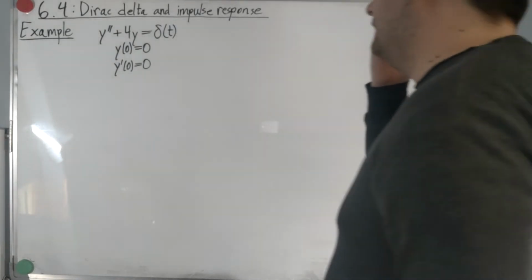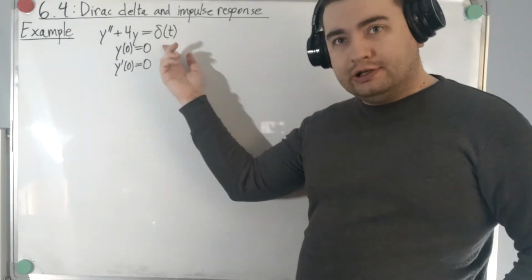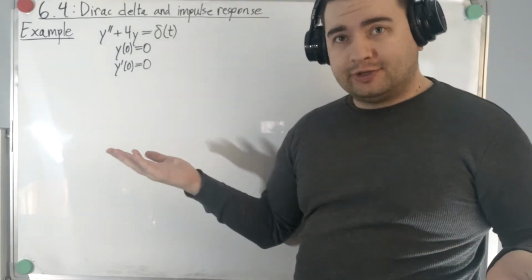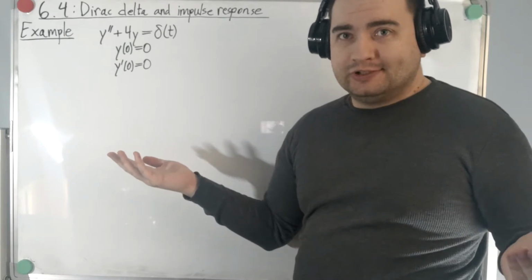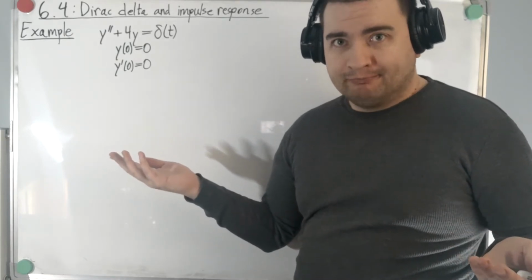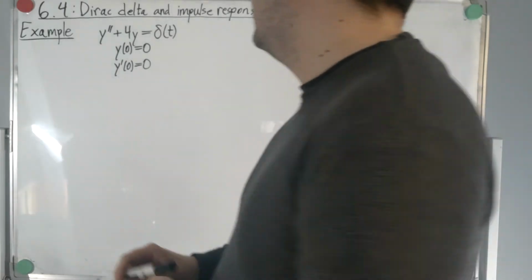Now, when you have a Dirac delta in your inhomogeneous term, you always have to use Laplace transforms. There's simply no other way to make sense of this thing.